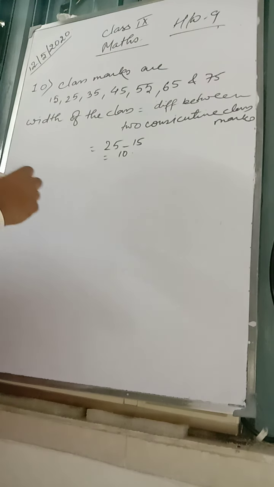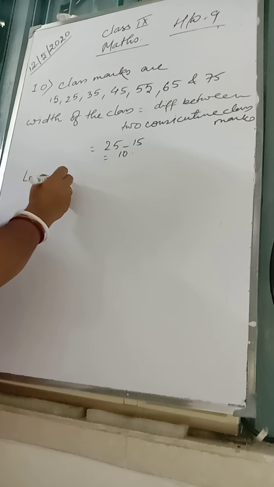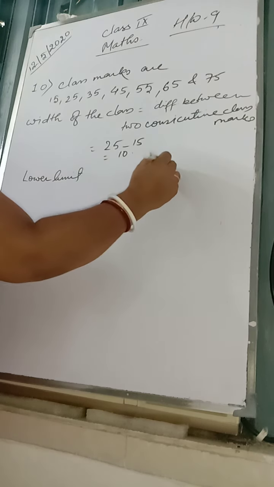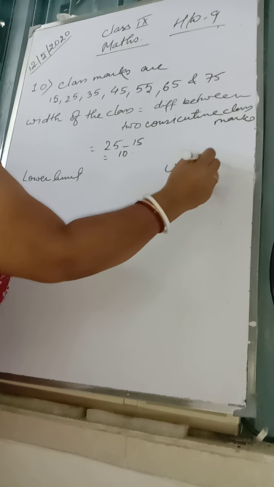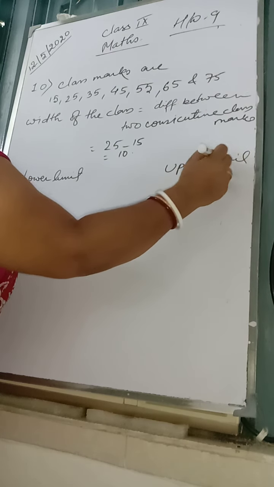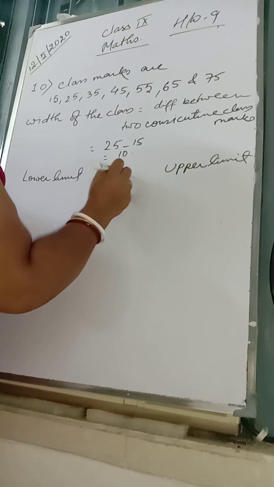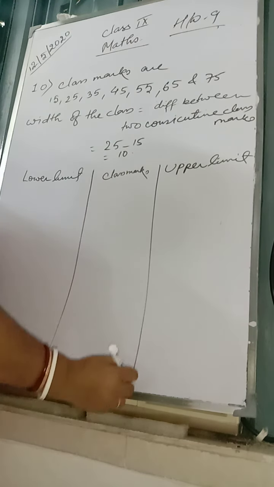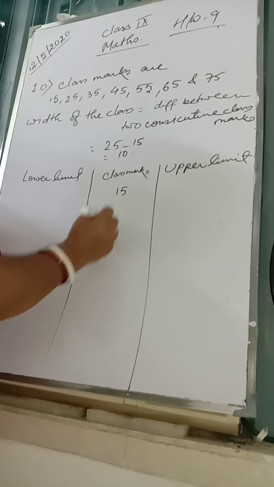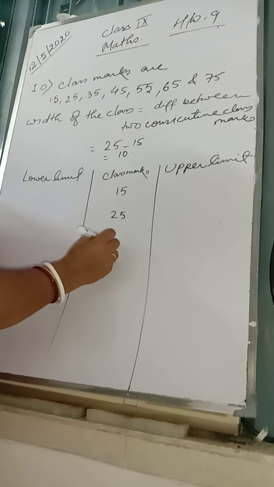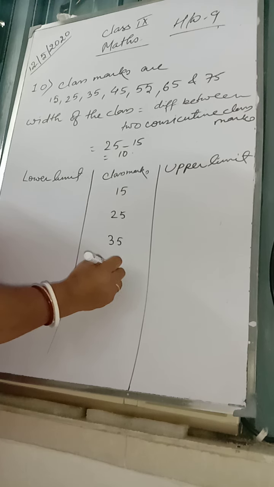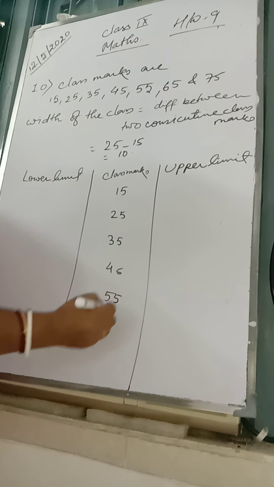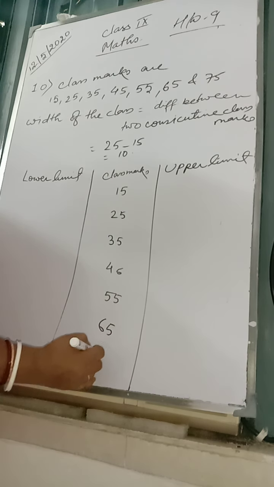Clear? Now here we will be making columns: lower limit, upper limit, class mark. Now in these columns we will be writing. First class mark we have 15, then 25, 35, 45, 55, 65 and 75.